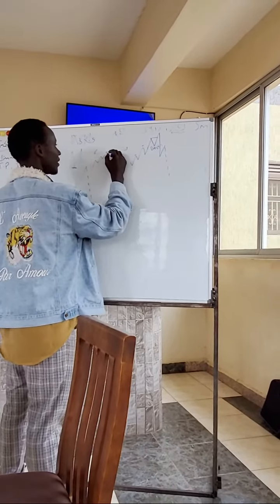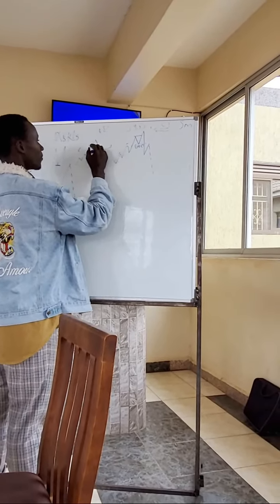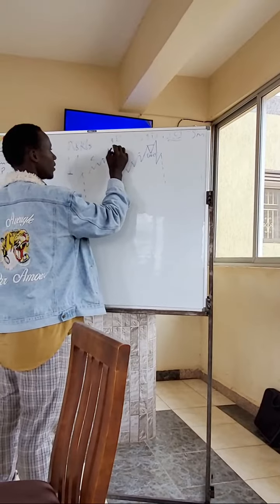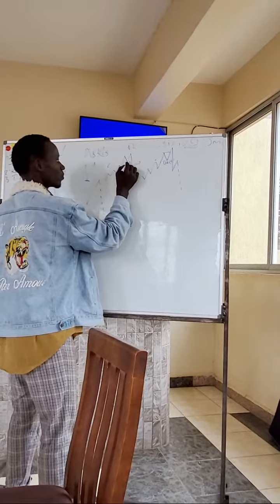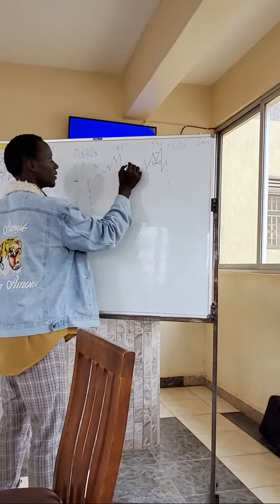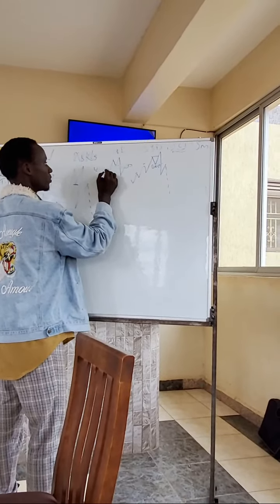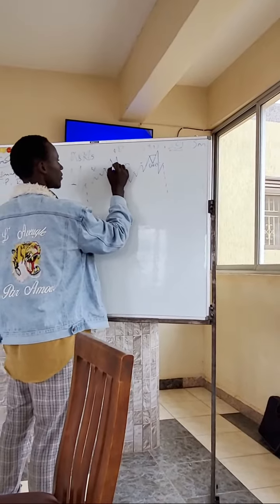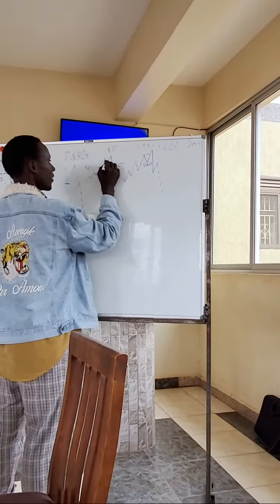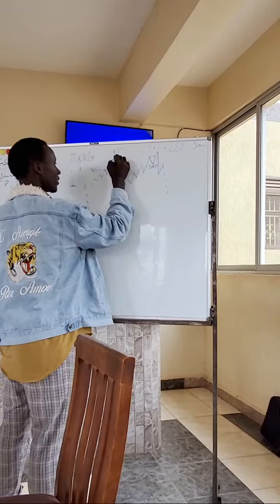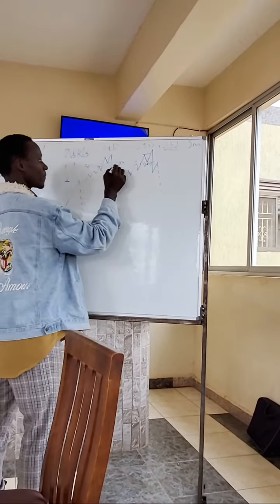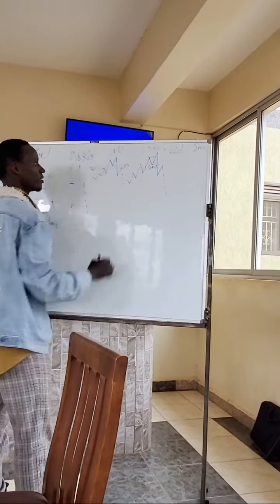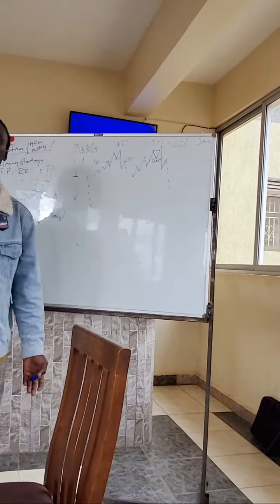It was broken, now it becomes support. Then I wait for the break and retest. So this was a resistance because it was tested here. When it broke as a support or resistance level, you retest it. That's where I come to a conclusion.